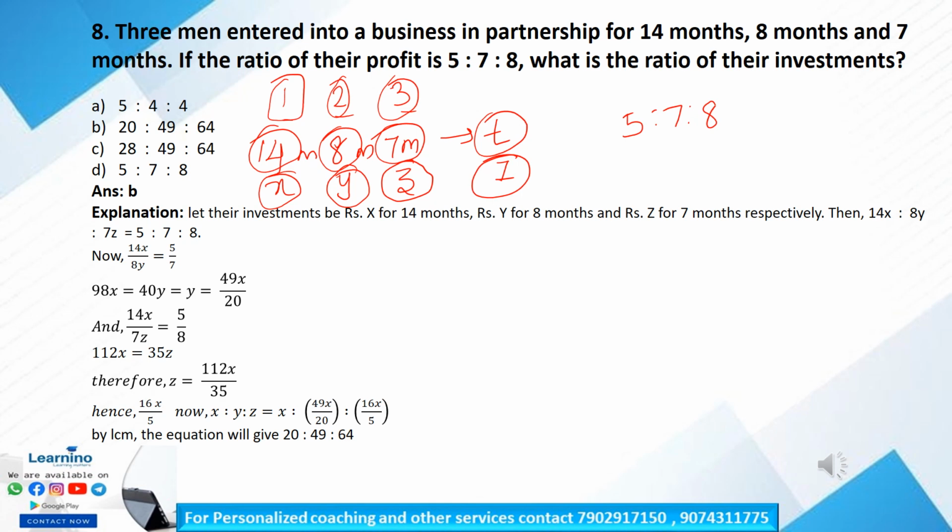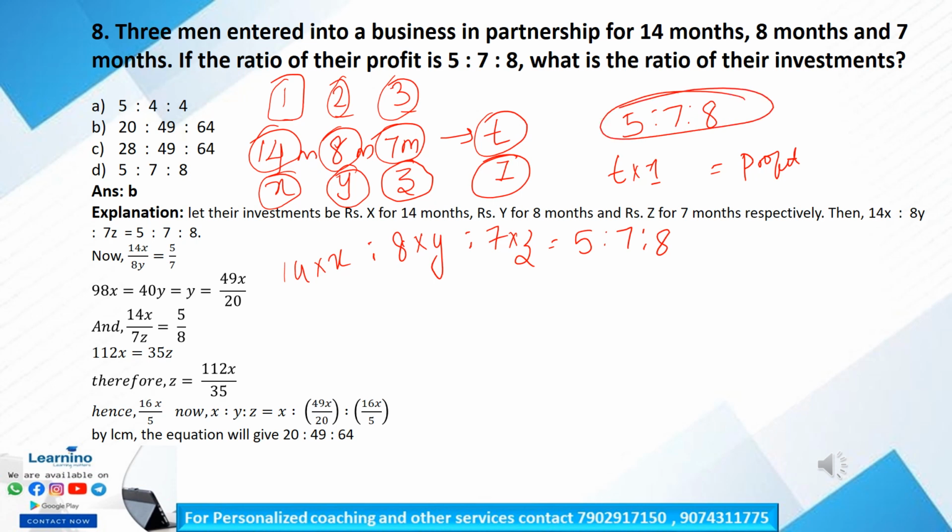So we have to first make it an equation. 14 into X is to 8 into Y is to 7 into Z is equal to 5 is to 7 is to 8. That is time into investment is equal to profit. So this is the ratio of the profit.